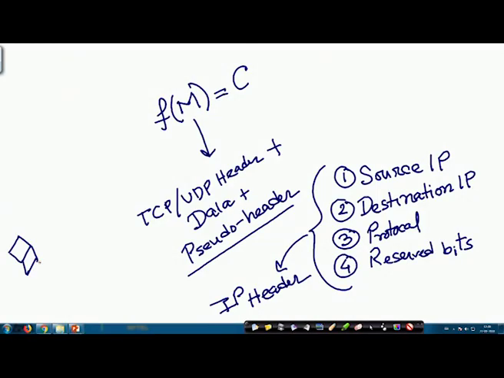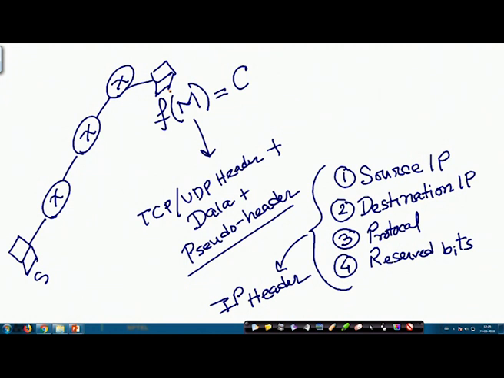Although the IP header includes its own checksum field, the IP header checksum changes at every hop, because if you look into the network diagram, you have the source followed by multiple hop routers, and then finally your destination. Every router applies the routing mechanism, looks into the IP header, may change the IP header, and then again computes the IP header checksum and puts it as part of the IP header.